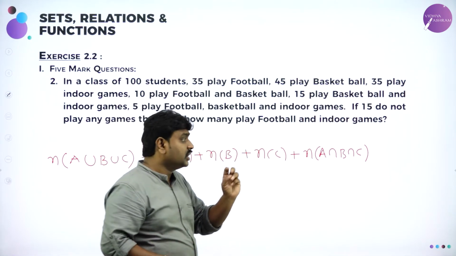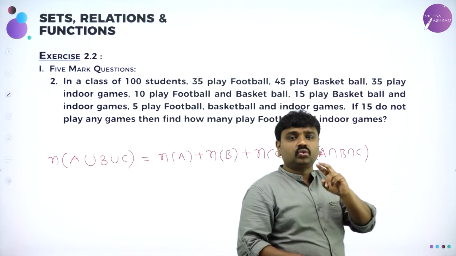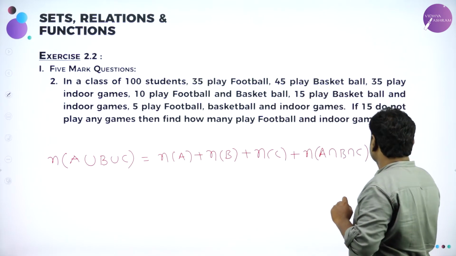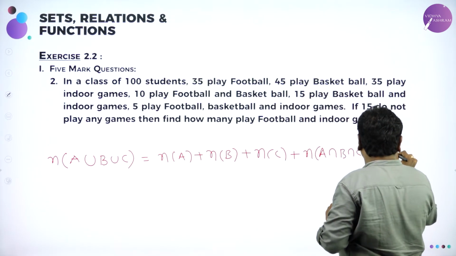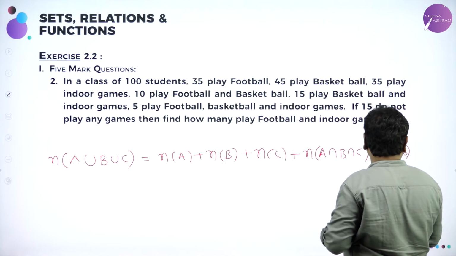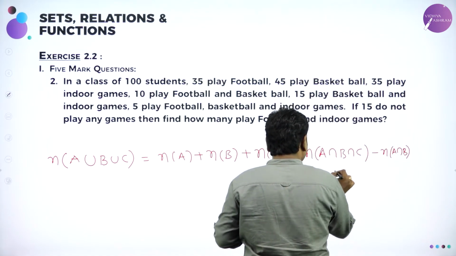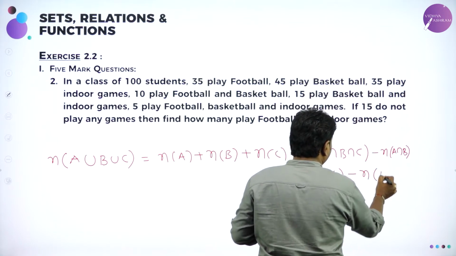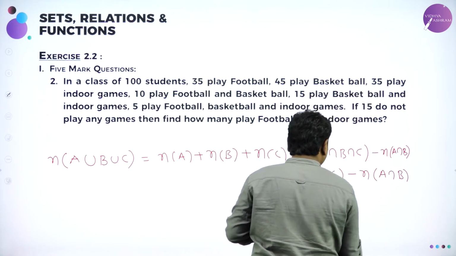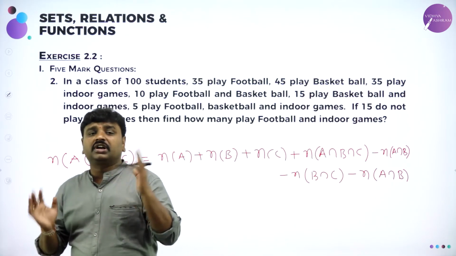Add that. Then remove 2 common, that is minus n of A intersection B, minus n of B intersection C, minus n of A intersection C. This is the cardinal number relation, which if you are thorough, it will become easy.